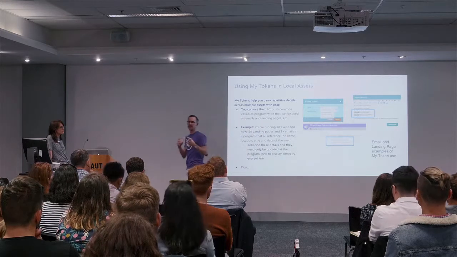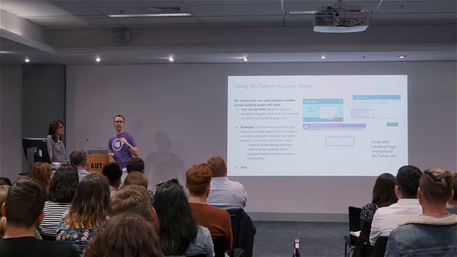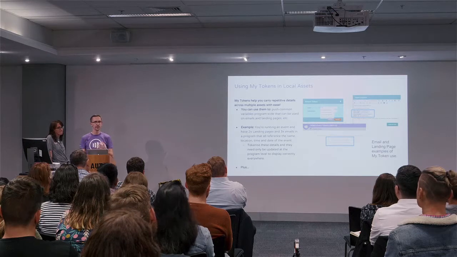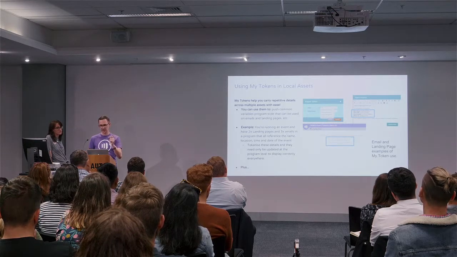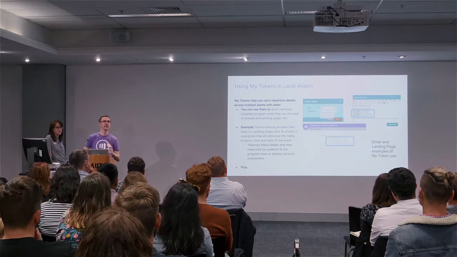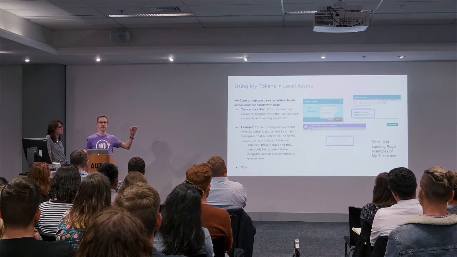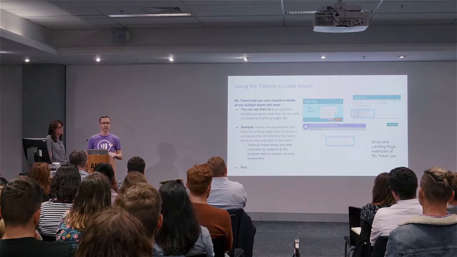These are 2 assets that are local to one program. The program tokens that we've set up under the My Tokens tab, we've just specified the details such as the event name, the event date, and all of those details will pull through into every single one of the assets. So we don't have to go up through and edit an email and edit a landing page separately to add those details. They're pulling those details straight through from the program token section itself.